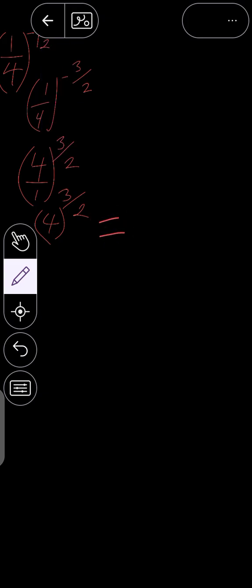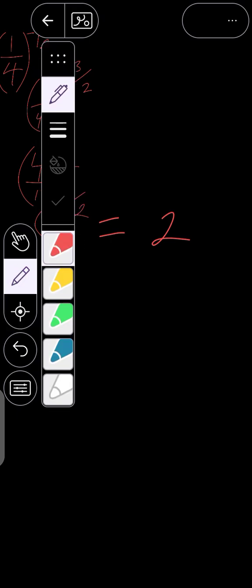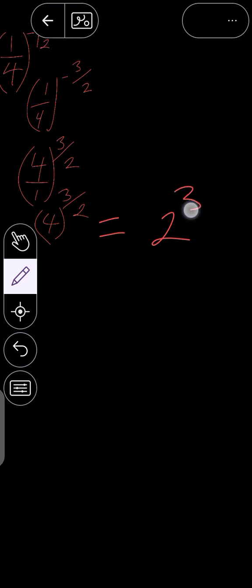The square root of 4 is 2. And then we still have the power 3. Therefore, the answer is going to be 2 raised to power 3, and 2 raised to power 3 gives you 8.